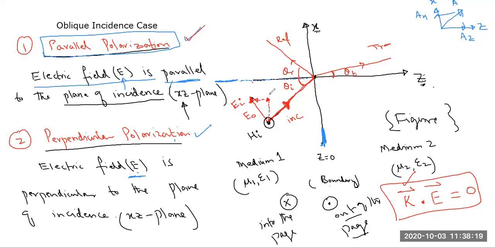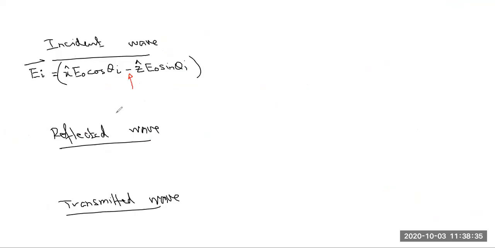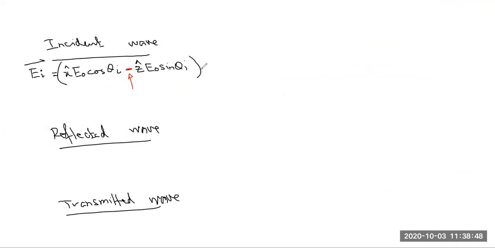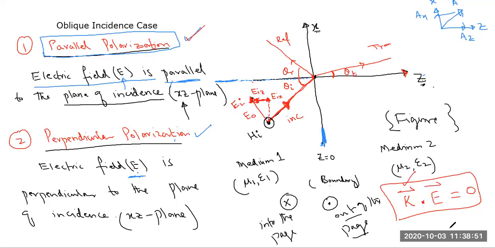This component, which is pointing in this direction, is the x component, so I can call it E_ix. This other component must be pointing in the z direction, and because it is pointing in the negative z direction, you can clearly see there is a minus sign. It is minus because from our figure this is the positive z axis and this vector is pointing opposite to it. Now, what is the direction of propagation?